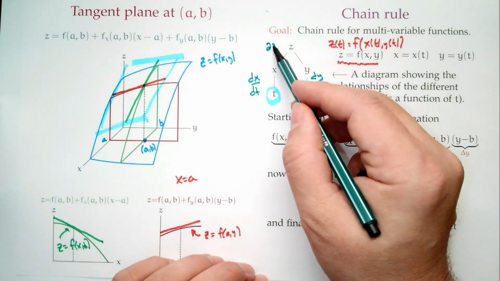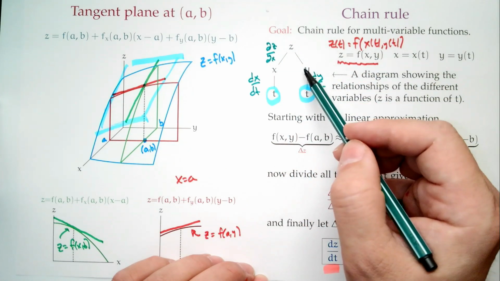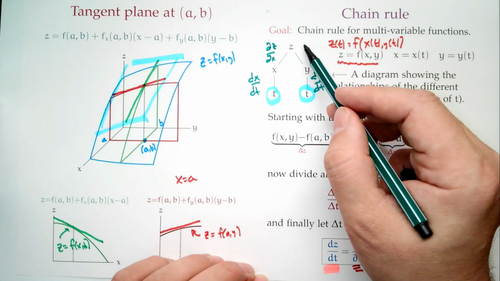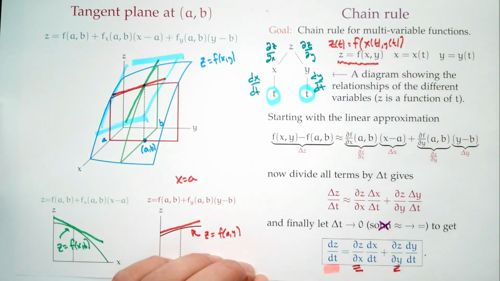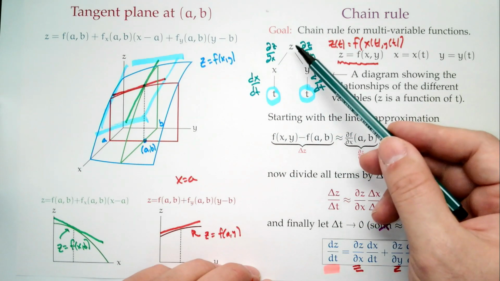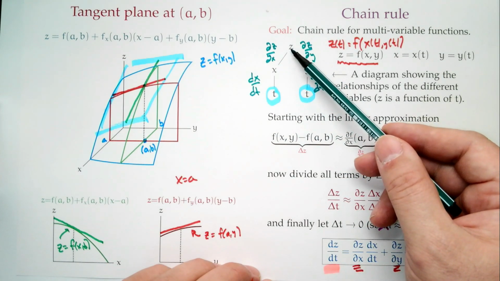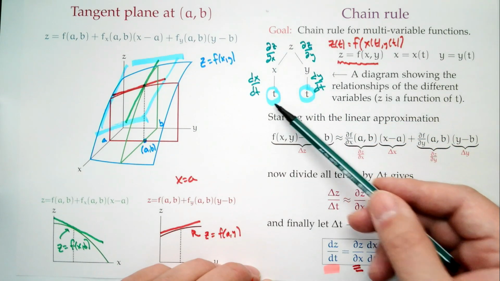Partial z, partial x. And the reason we use a partial symbol here is because z has two inputs. How does z change with y? Partial z, partial y. Now, how do I get the answer? Well, follow the tree. For every time I see a t, I start at the top and work my way down. So here's partial z, partial x, dx dt.